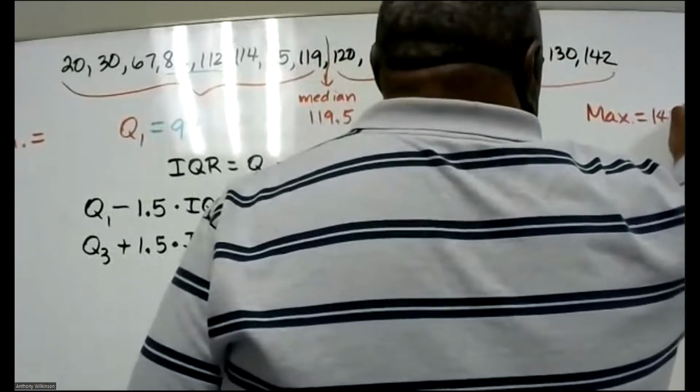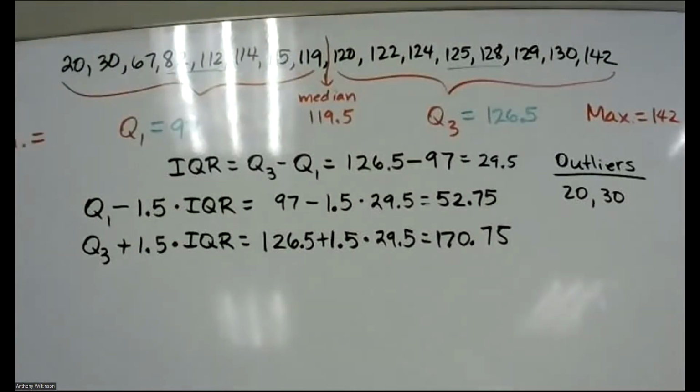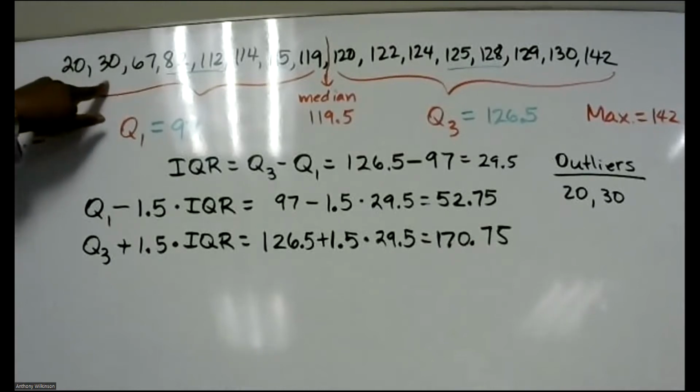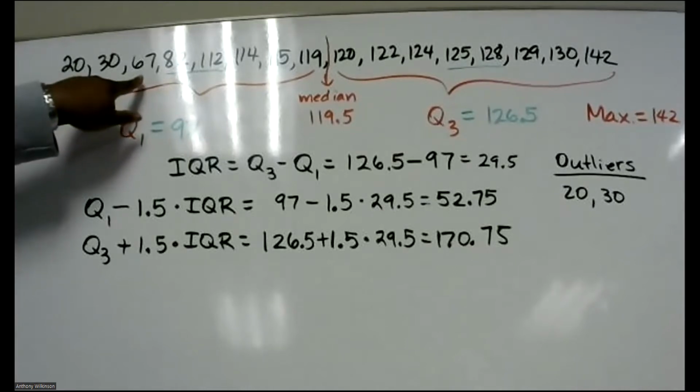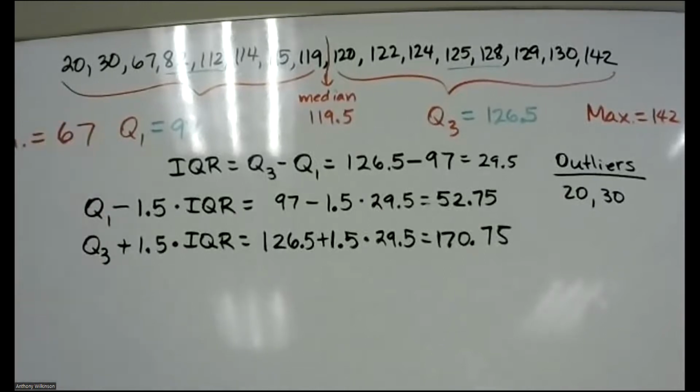It's 142. But for the minimum, unfortunately, I can't use 20 and I cannot use 30 because those are my outliers. So the minimum value here will have to be 67.